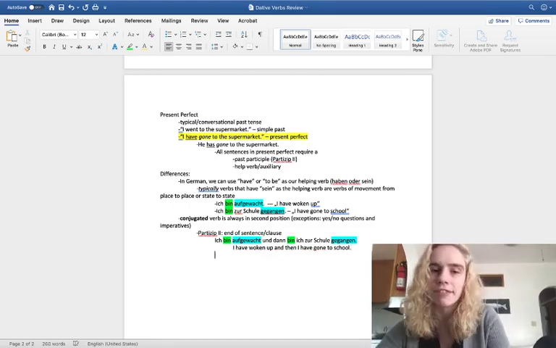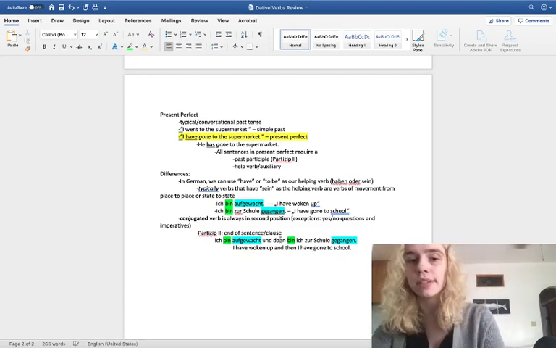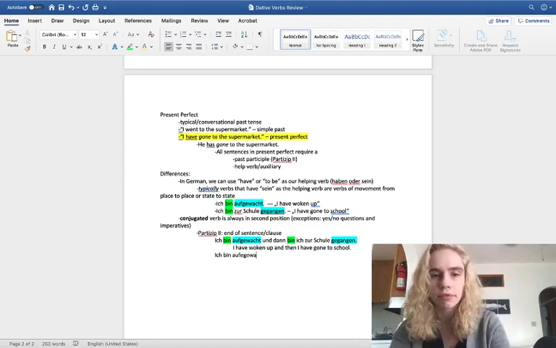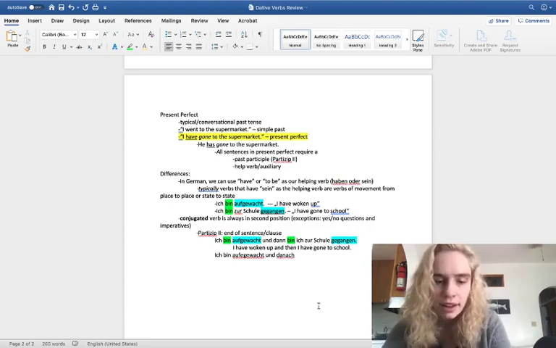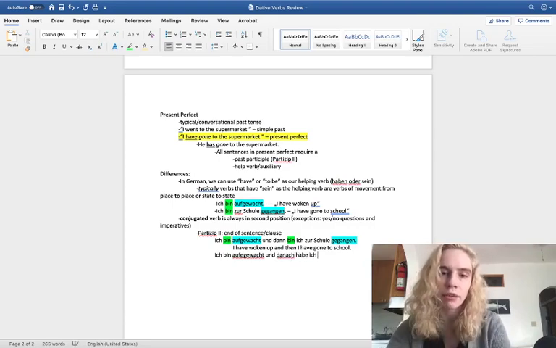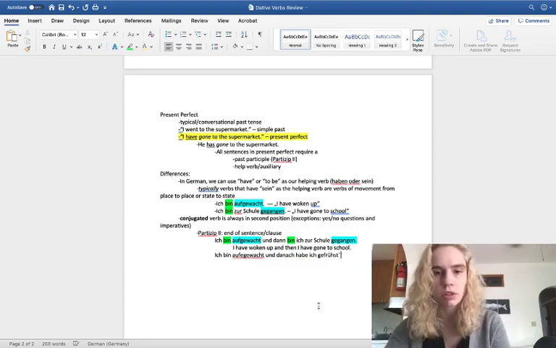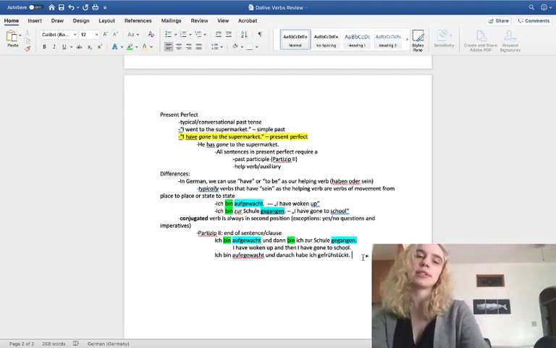I can add a verb with haben instead of sein as the helping verb. So I can say, ich bin aufgewacht. Und danach, and afterwards, habe ich gefrühstückt. So I breakfasted afterwards.